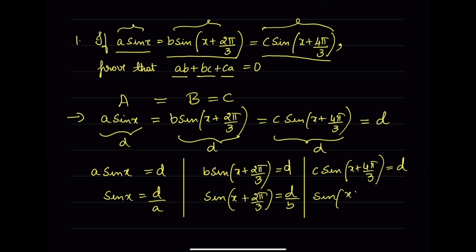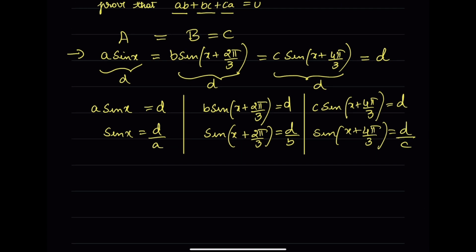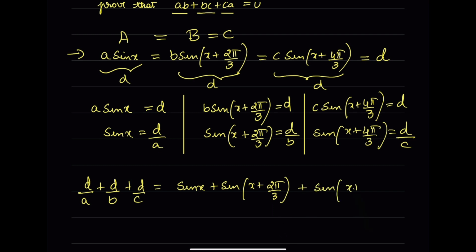So sin of x plus 4 pi by 3 is equal to d by c. Okay, now what we'll do is, let's add all these three. So d by a plus d by b plus d by c is equal to sin x plus sin of x plus 2 pi by 3 plus sin of x plus 4 pi by 3.